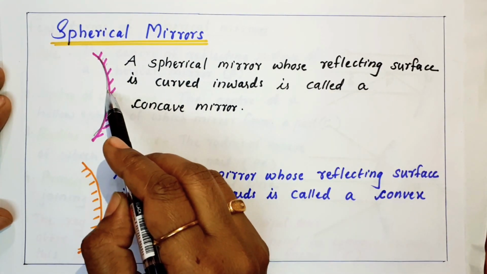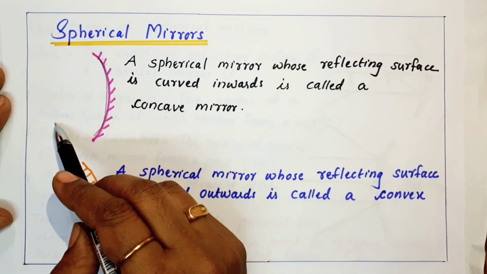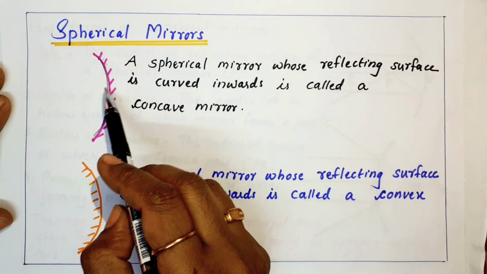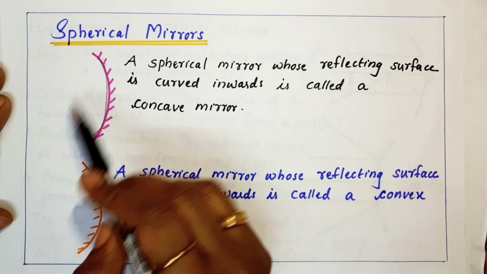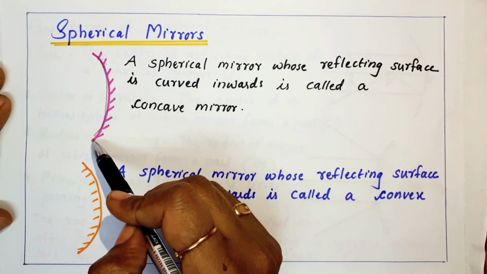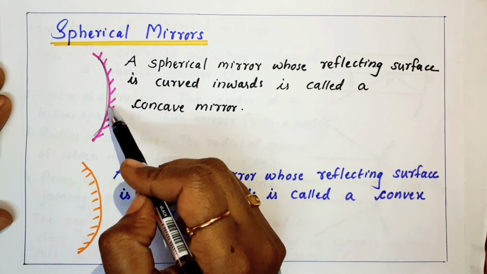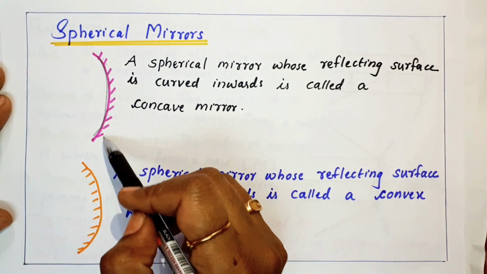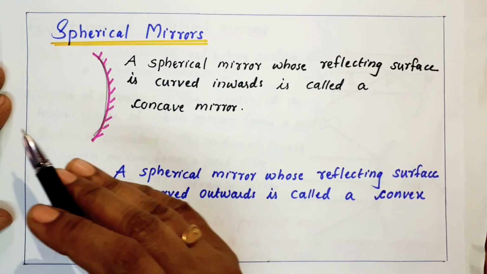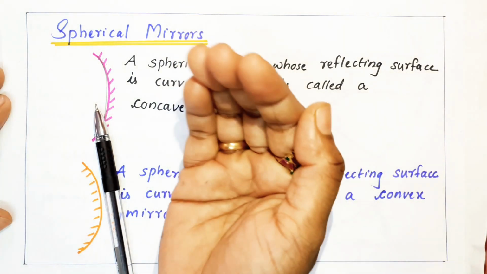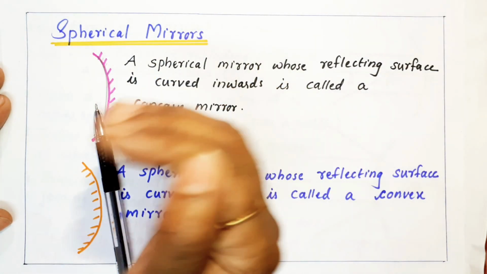When the light falls on this surface, it is getting reflected. When the light falls like this, it's getting reflected like this. So on this part only light is incident. Which part? This part, that is curved inwards. That part is called by the name concave mirror.